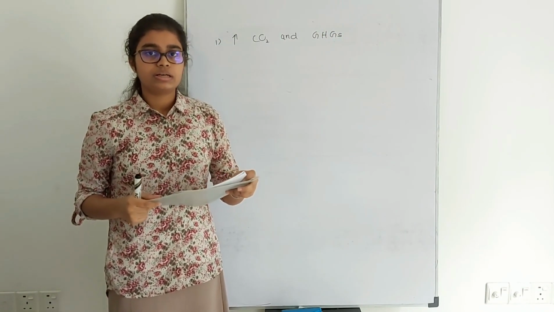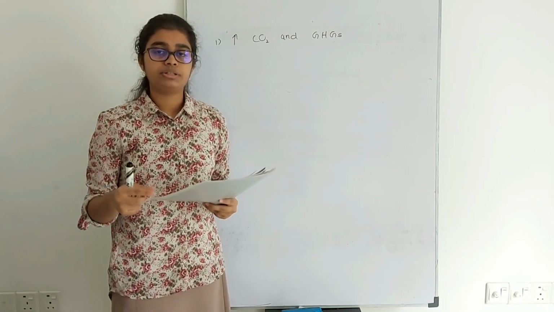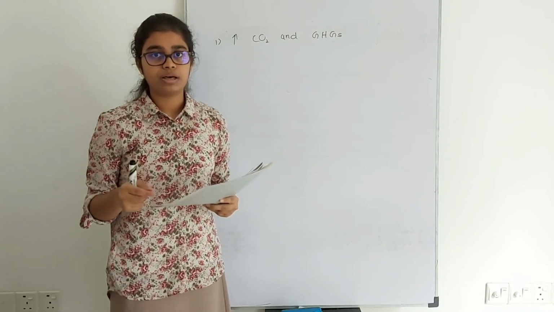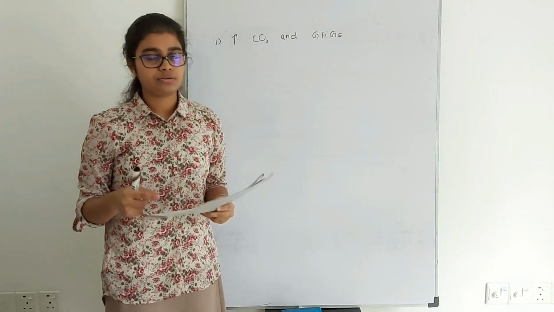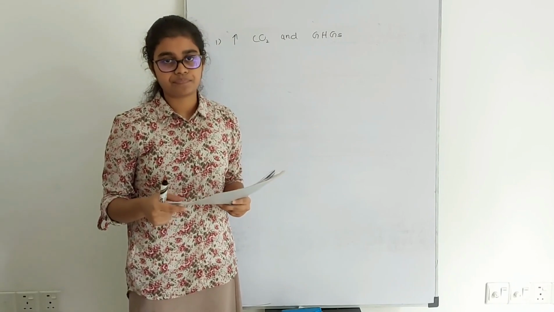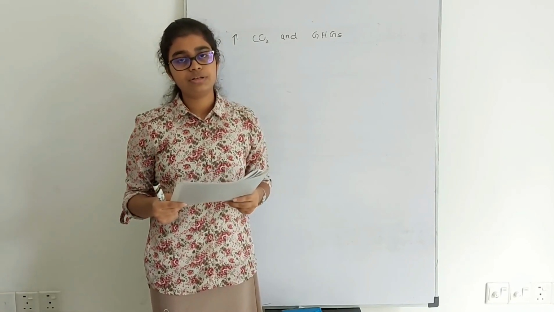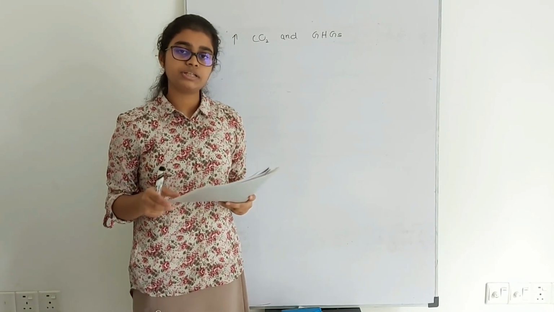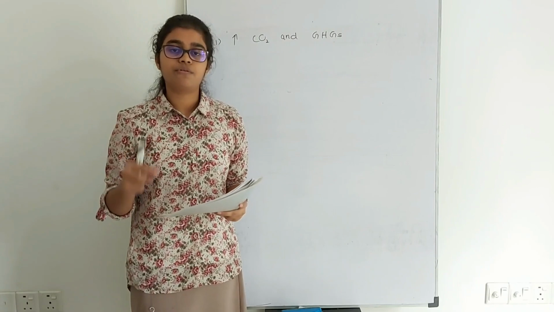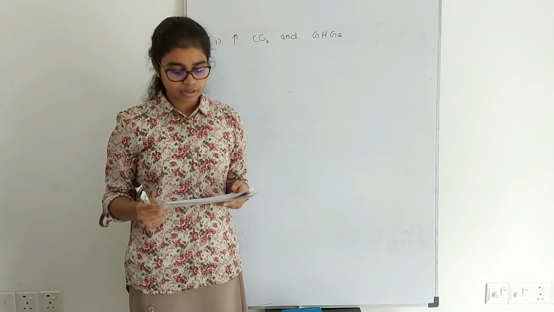Carbon dioxide is mainly emitted into the atmosphere by the burning of fossil fuels in vehicles, in industries, or in generating electricity. Other than that, burning of forest and solid waste also produces carbon dioxide. Generally, we can say that burning of organic matter emits carbon dioxide.